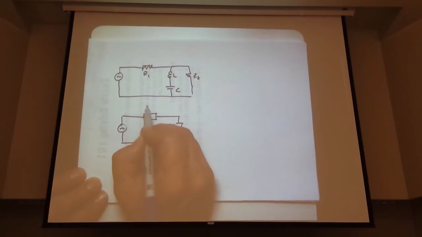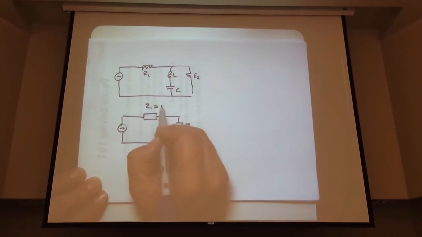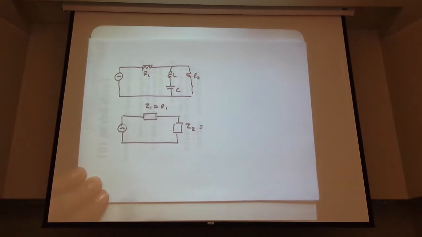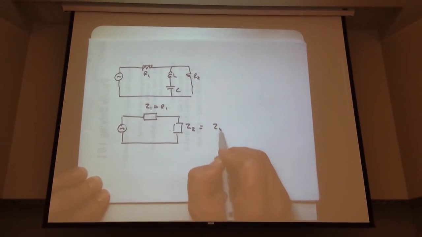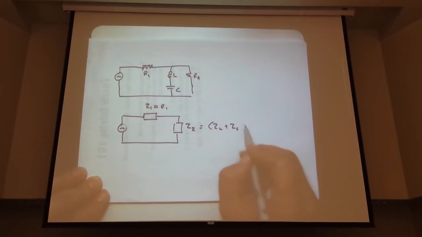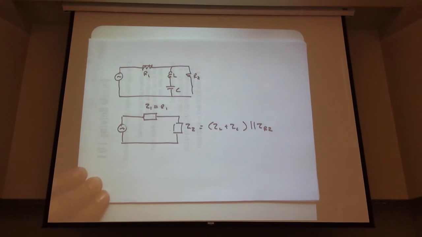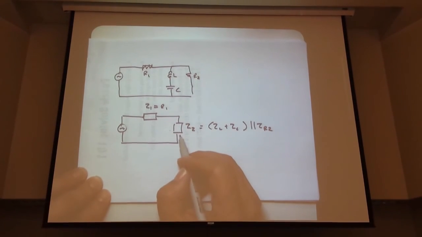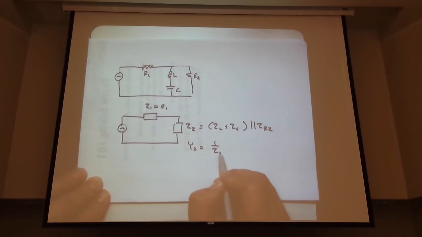We could call this Z1 and Z2, where Z1 is R1, Z2 is ZL plus ZC in parallel with ZR2. And so the admittance of this, Y2, is just 1 over Z2.